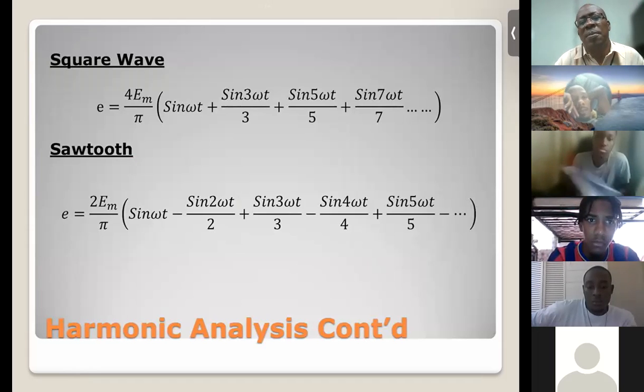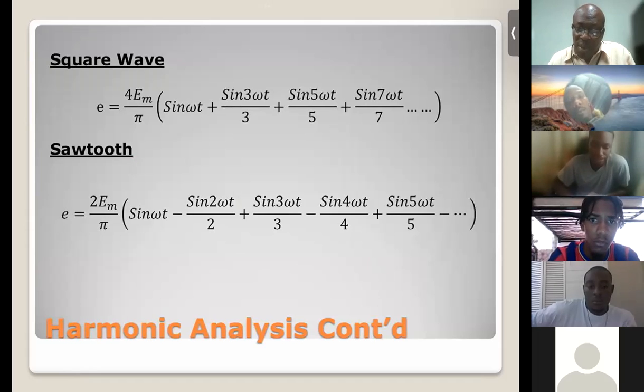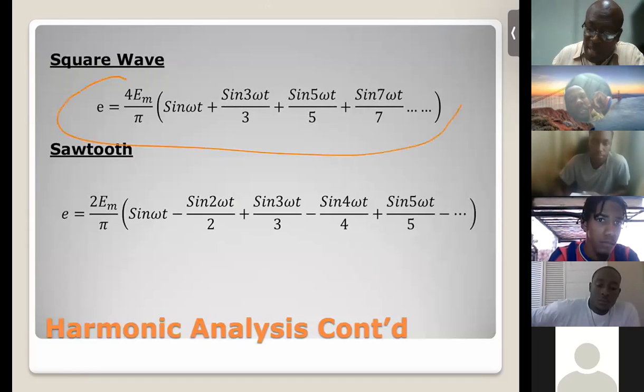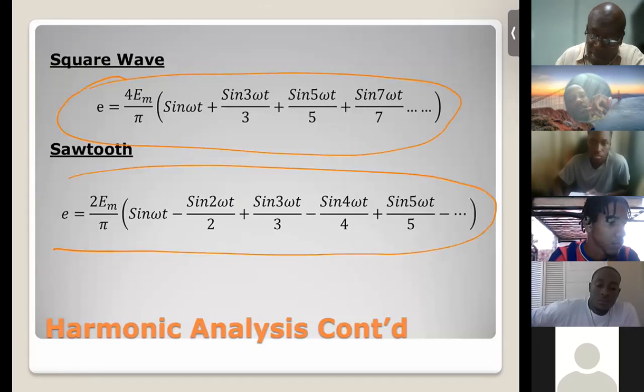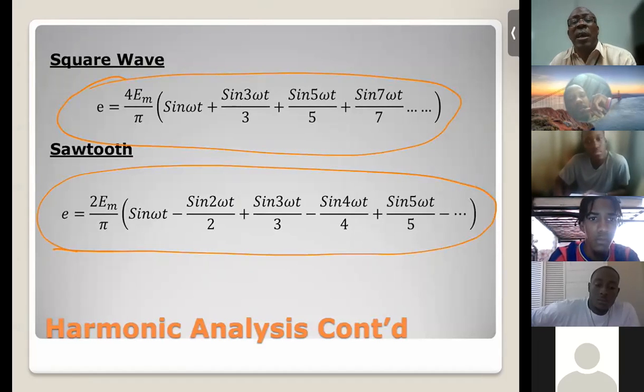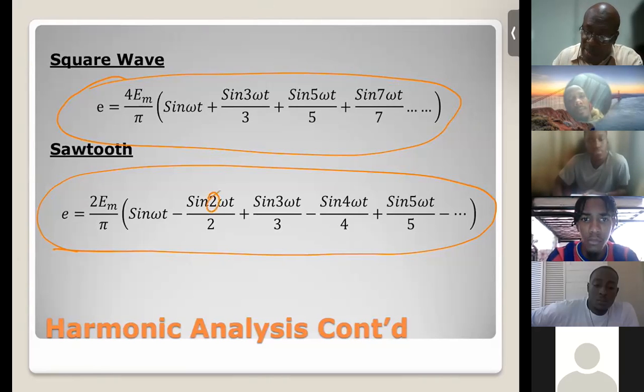All right? So for the square wave, and we have been saying it quite a bit, that's the expression. If I had a sawtooth, that would be the expression. And based on what we just said, for the sawtooth, you're seeing that we have here all the harmonics. So we have the second, the third, the fourth, the fifth.